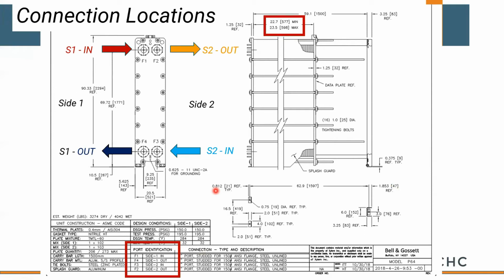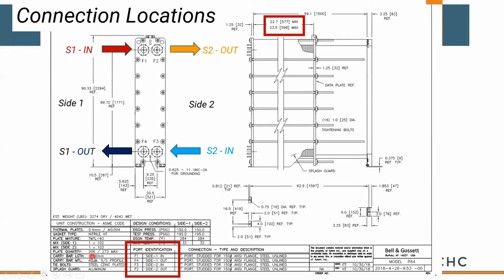That's just how software works. But in the field, you can alter your connections as needed. Just be careful that you follow the in and outs. So you can reverse them. You can get creative with this. You just have to make sure that you maintain a counter current flow.